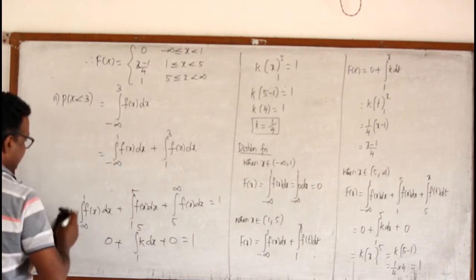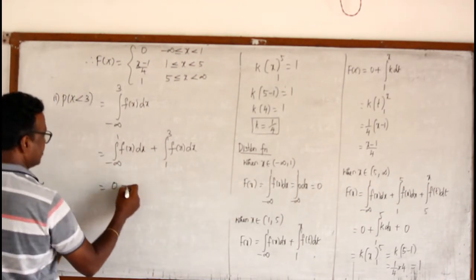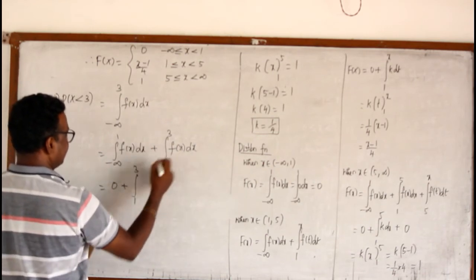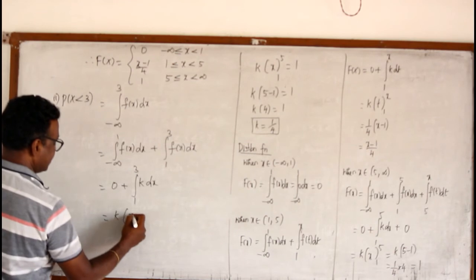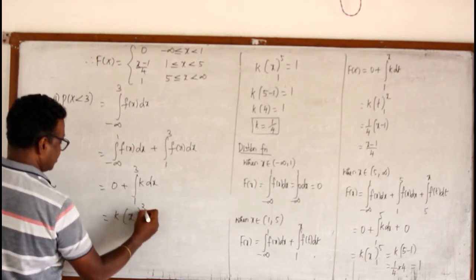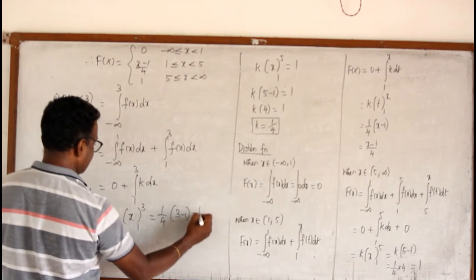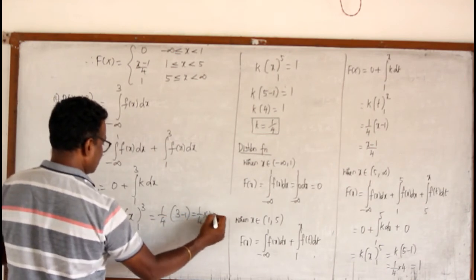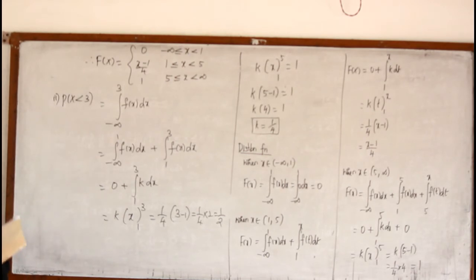The function does not exist from minus infinity to 1, so that is 0. From 1 to 3, f of x is k dx. So k can be taken out. The integration of dx is x from 1 to 3. The value of k is 1 by 4, into 3 minus 1, so 1 by 4 into 2. It is 1 by 2. That is your second value.